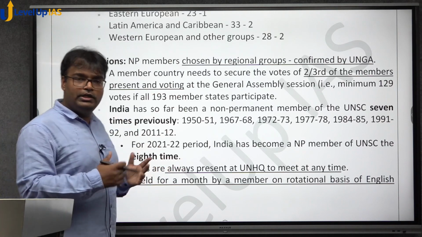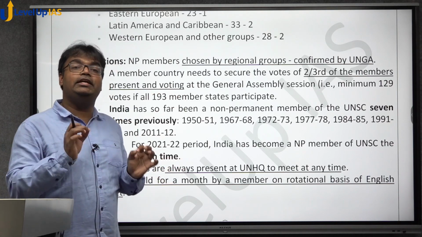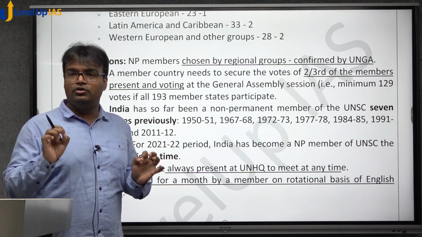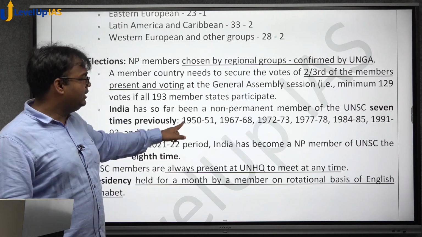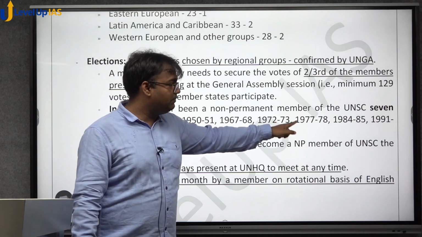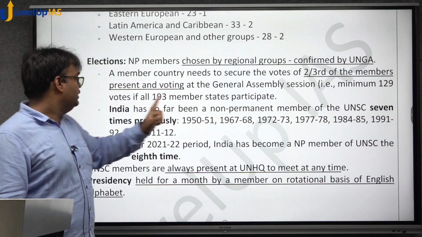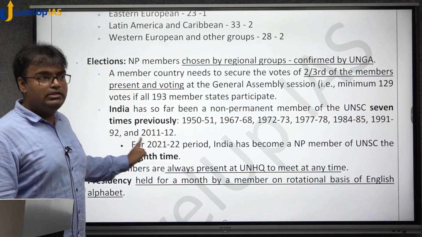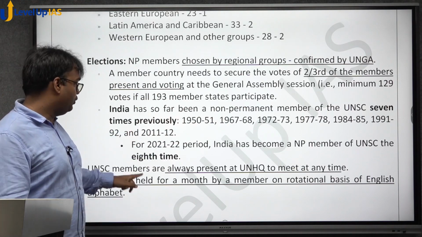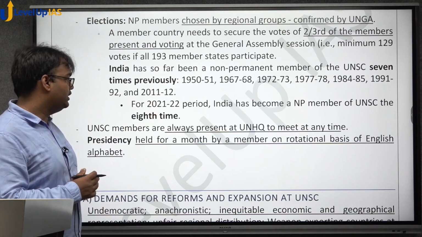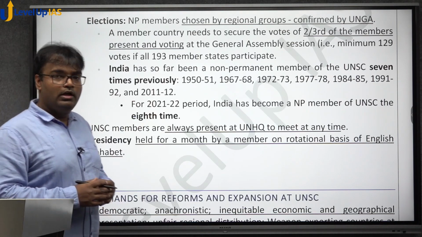This is how India was appointed this time. This was the 8th occasion on which India was appointed as a non-permanent member. Earlier, for 2-year periods in 1950-51, 67-68, 72-73, 77-78, 84-85, 91-92 and 2011-2012. Now in 2021-22, India has been appointed again.